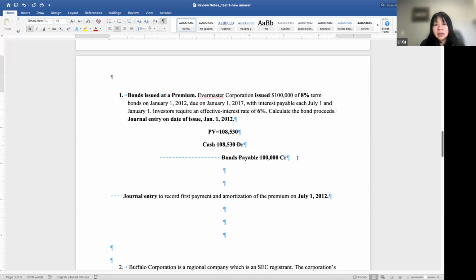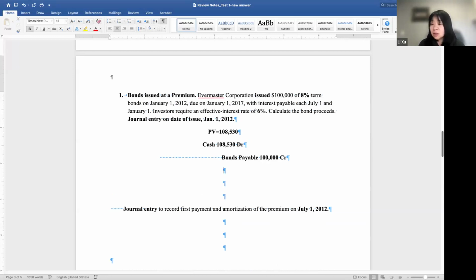So the difference goes to a premium on bonds payable. Here, $8,530.